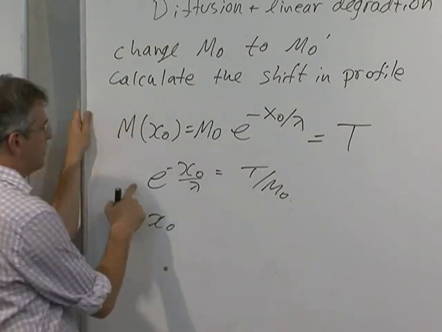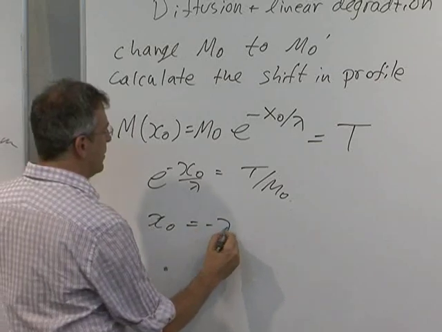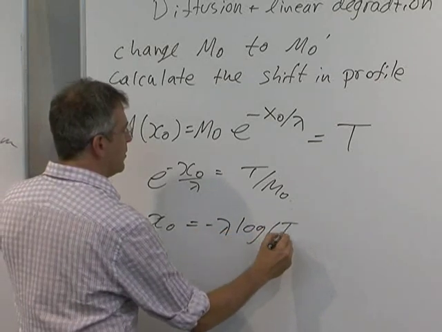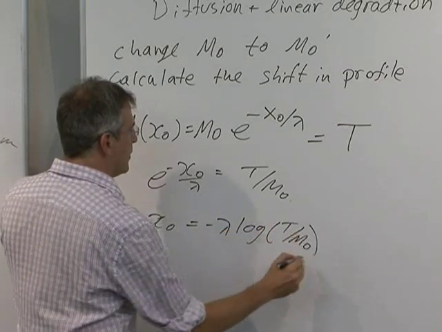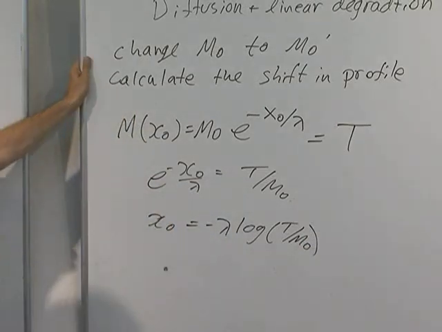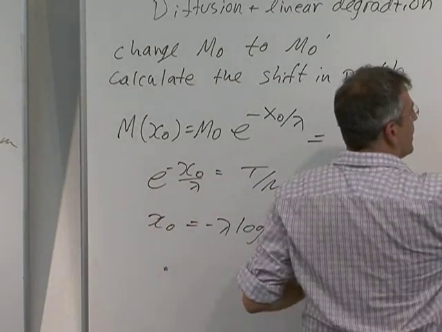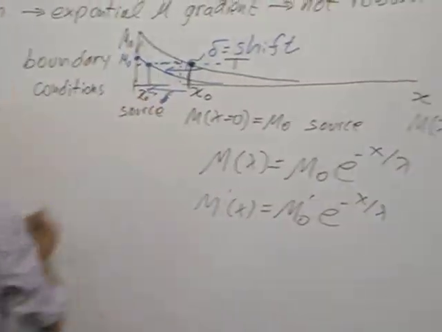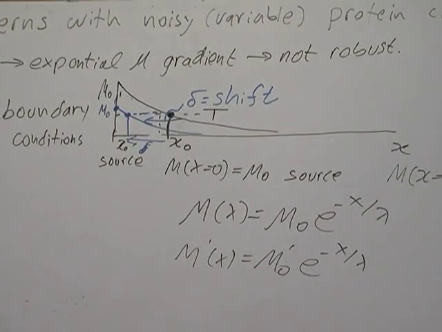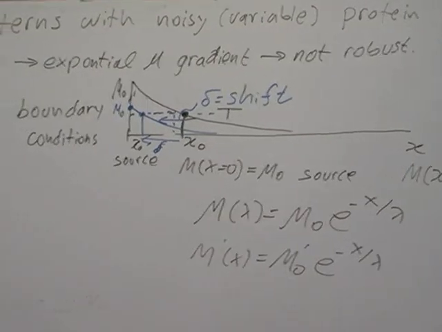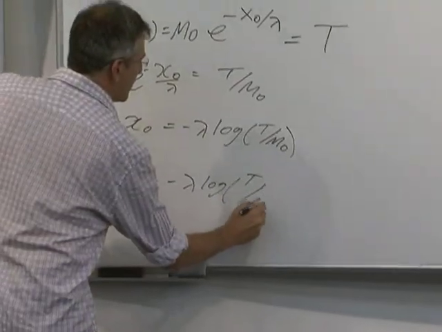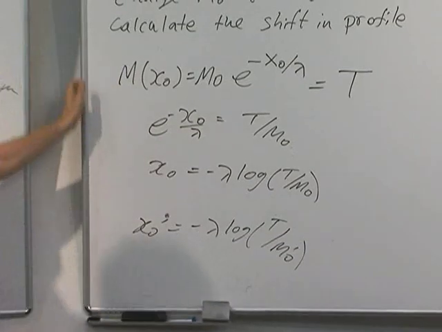For x0, I need to take a logarithm: minus lambda log t over m0. If I put in m0 prime, I get x0 prime. x0 prime is the same thing, except I have to put in m0 prime here. So this is the lower concentration.